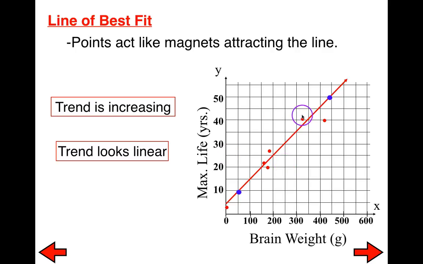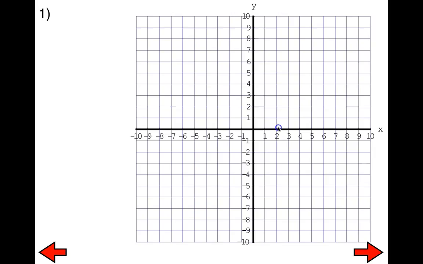When you're trying to draw in this line of best fit, you want to try your best to have it touch at least 2 of the points, or at least make sure that when you draw it, they fall onto some nice ordered pairs. Is this always going to happen? Absolutely not. But you want to try your best to do so. That way, when you're trying to find the equation of the line, you can find the slope, because you need at least 2 points to find the slope of a line. So just keep that in mind.